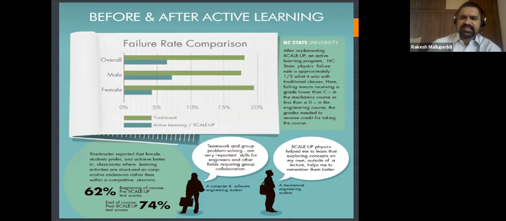So it's basically the learner in the center of attention, where we are actively helping the learner pursue particular topics, not only from the class but from outside, from the digital world, from books, from his own peer students. So you see there is higher learning for the students themselves.